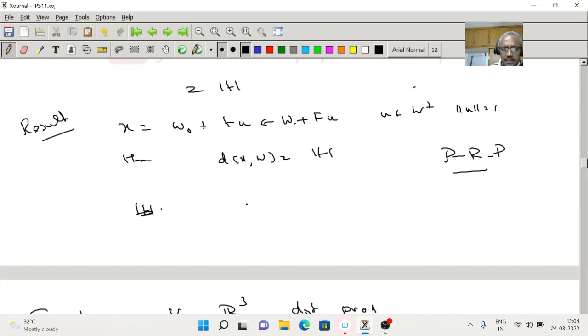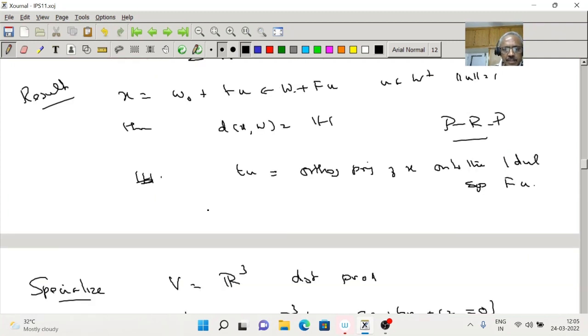Remember, this vector t u is nothing other than the orthogonal projection of x onto the one-dimensional subspace F times u. How is it given? It is given by inner product of x and u, times u. Therefore mod t is nothing other than the inner product of x and u.